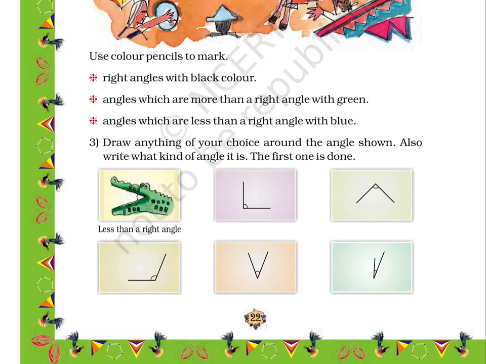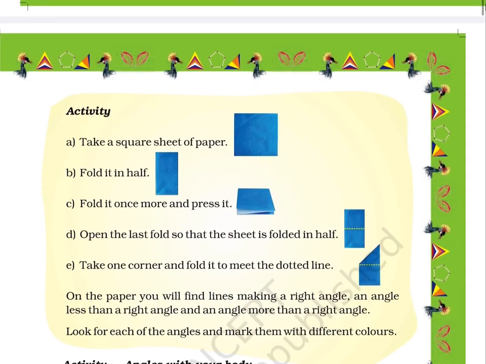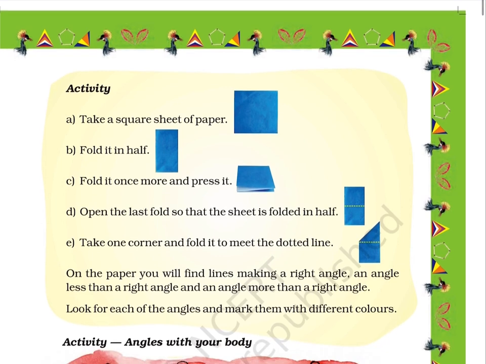Page 23. Activity. A. Take a square sheet of paper. B. Fold it in half. C. Fold it once more and press it. D. Open the last fold so that the sheet is folded in half.